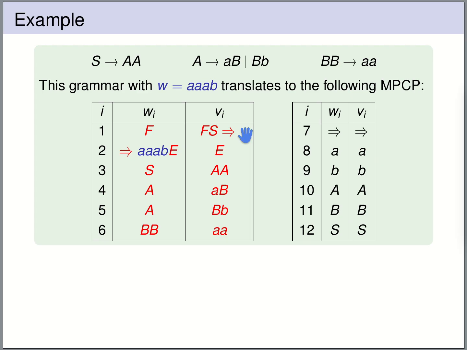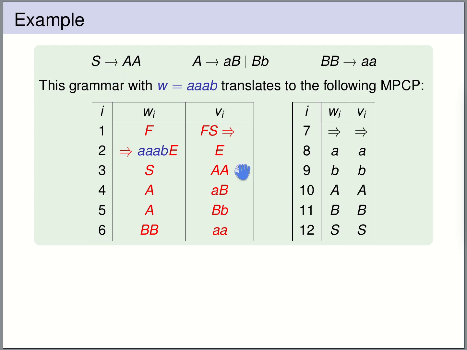The first pair is the pair consisting of left entry F, right entry F S arrow. The second pair is arrow AAAB, that's the word we are interested in, and then an E, and the right entry is an E. Then we have 4 pairs that correspond to our 4 rewrite rules of the grammar. So for instance, we have a grammar rule S rewrites to AA.